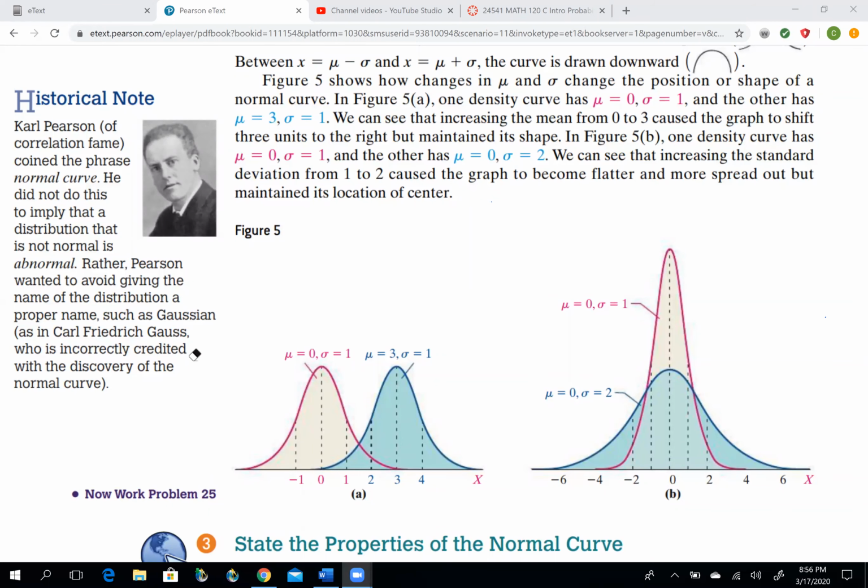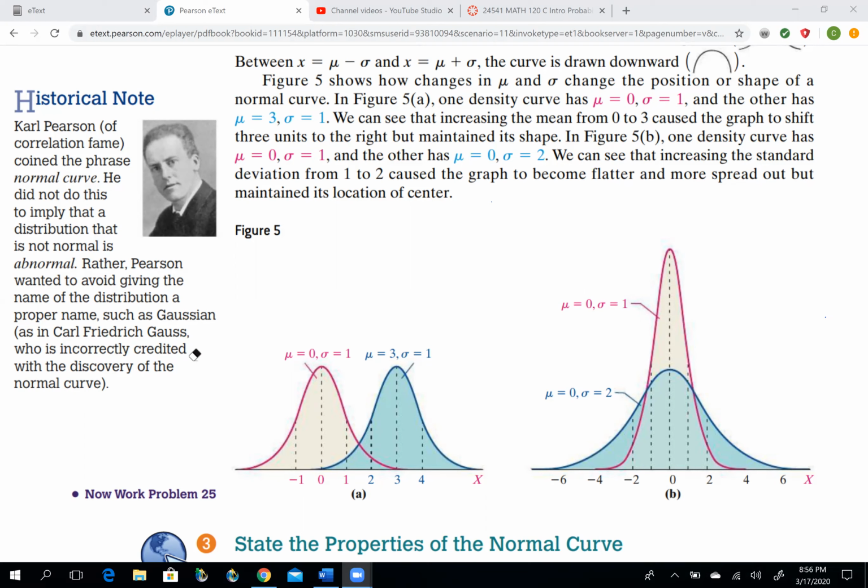You see, guys, these two bell shapes, the standard deviation on both red and blue is the same, it is 1. But the mean of the red one is 0 and the mean of the blue one is 3. The first bell shape has mean 0 and standard deviation 1, and the second one, blue, has mean 3 and standard deviation 1.